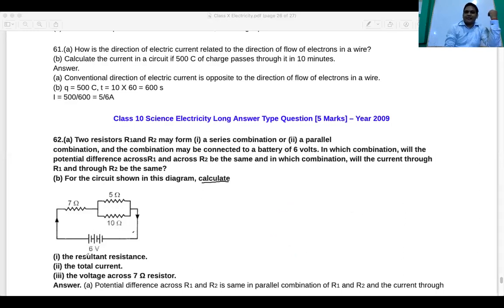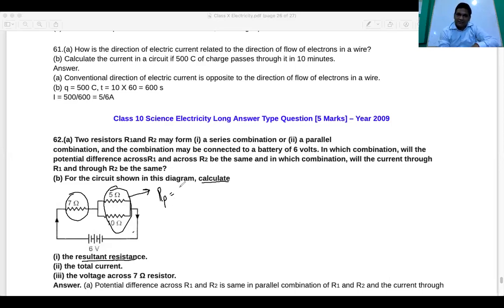Look here. The question is: calculate the resultant resistance. For the resultant resistance, these are in parallel. First, we should add these in parallel, then add the series resistance to it. What will be the parallel equivalent? I already told you what you should use: the product over sum rule, multiplication divided by addition.